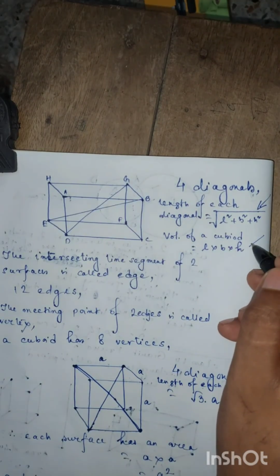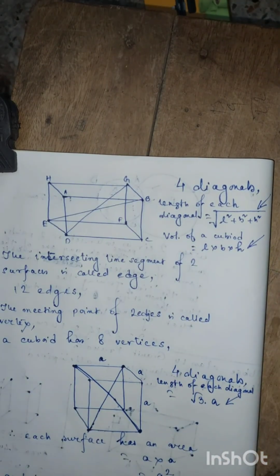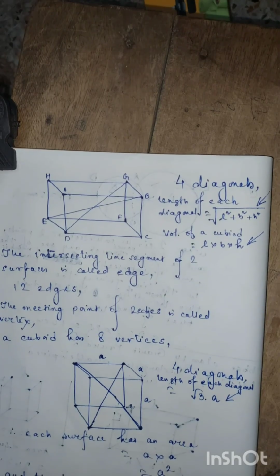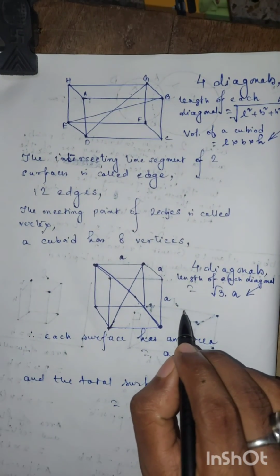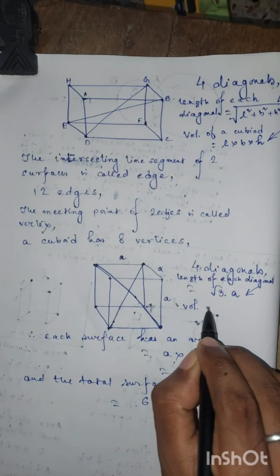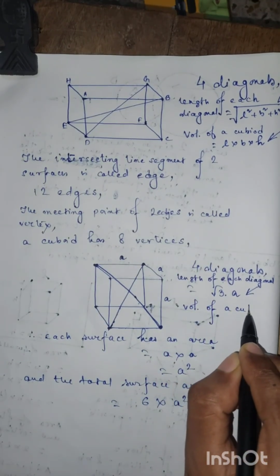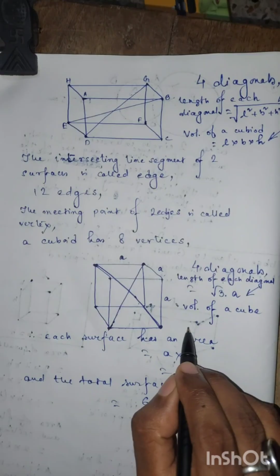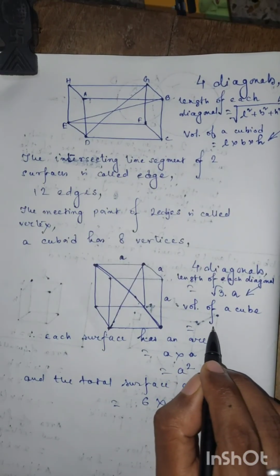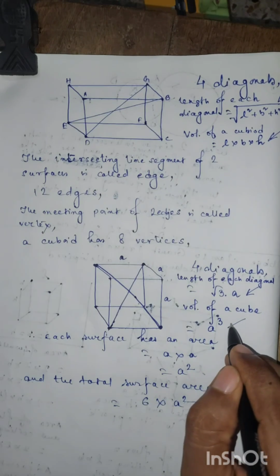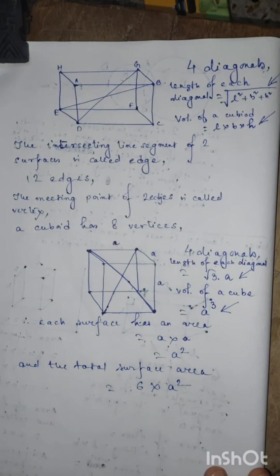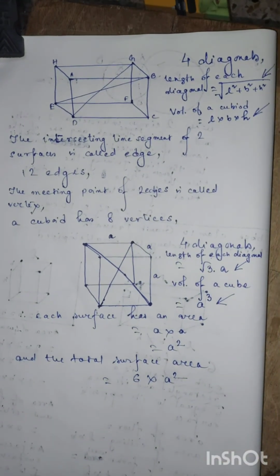So this is another formula you need to remember. Volume of a cube is equal to a cube. Okay.